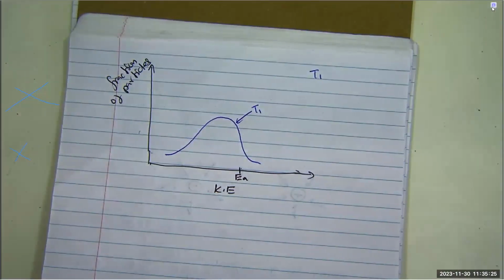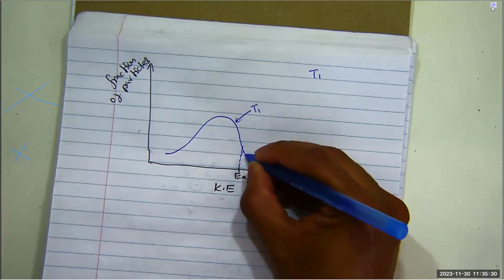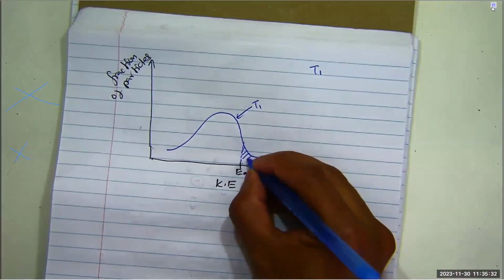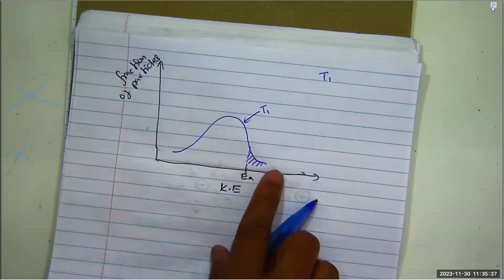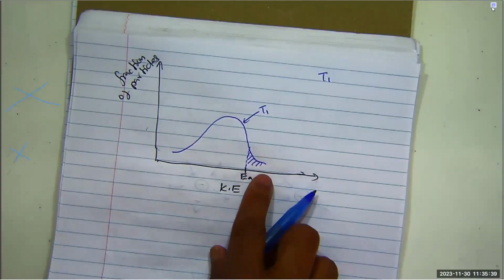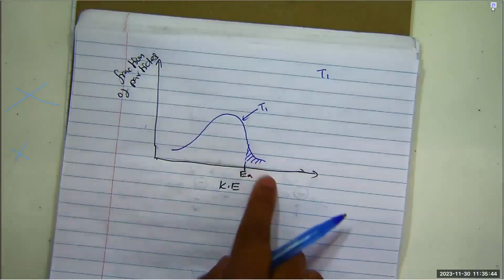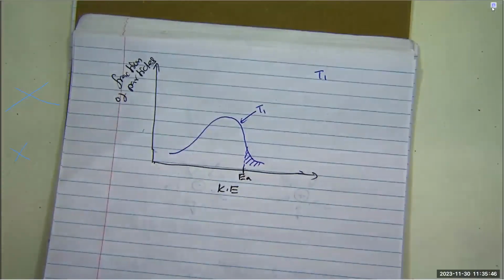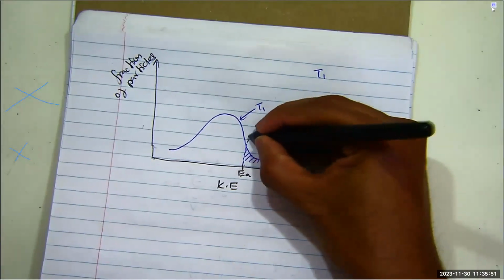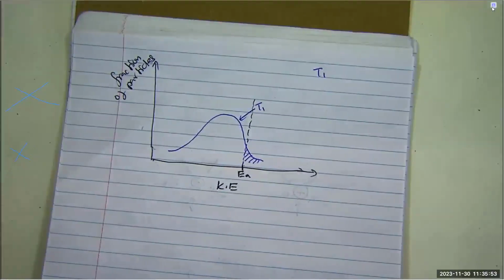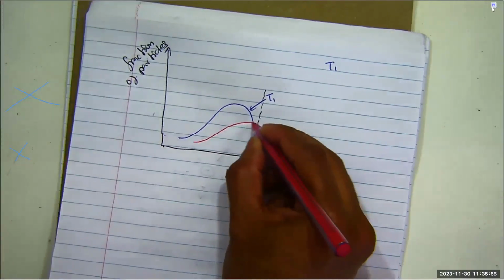Now, at temperature T1, the fraction of molecules that has energy greater than the activation energy is about this much. These are the only molecules that can have effective collisions to become products. But if we have a higher temperature than T1, this distribution is going to change to something like this.